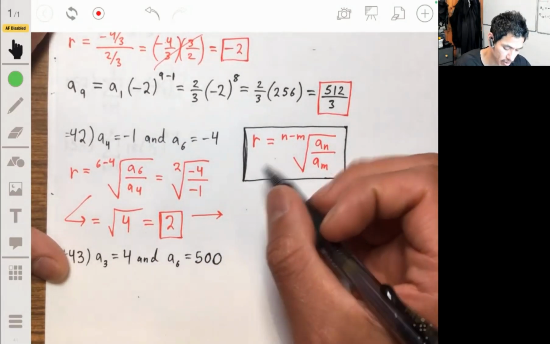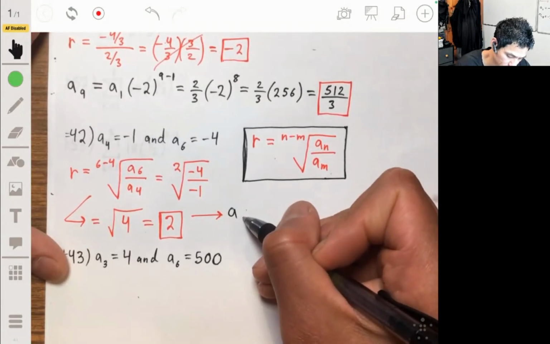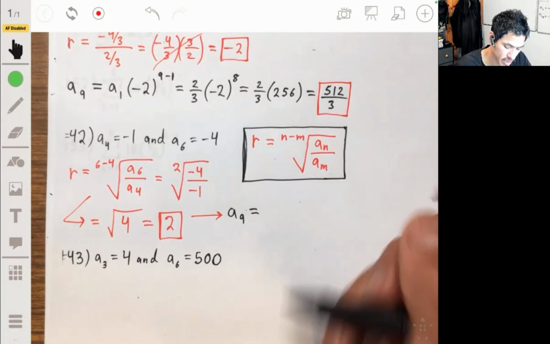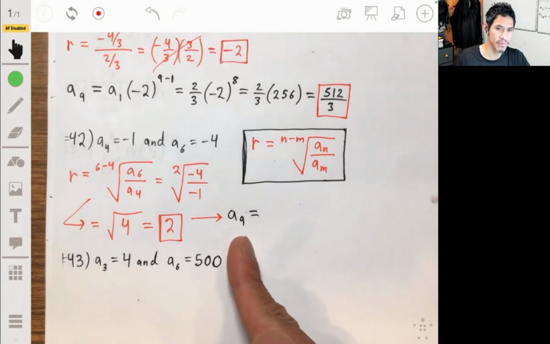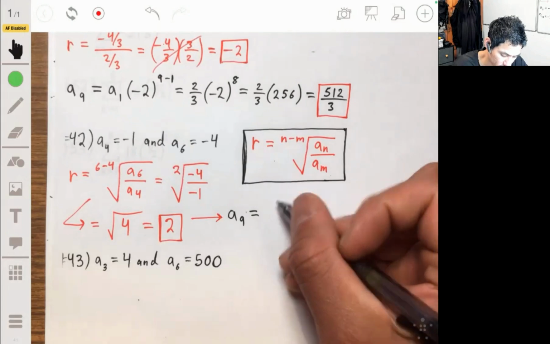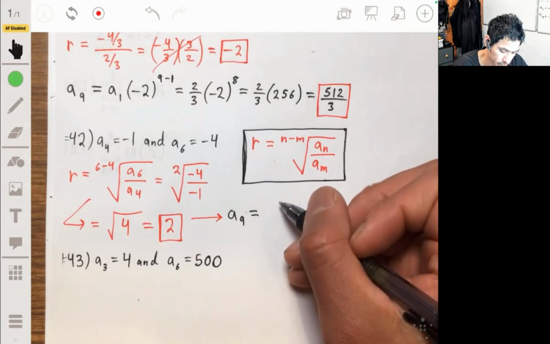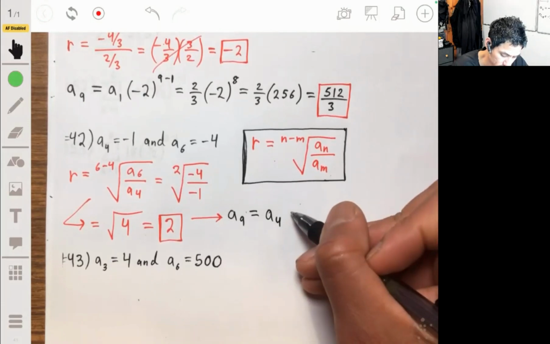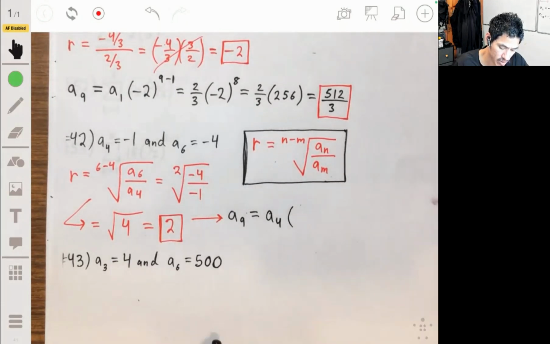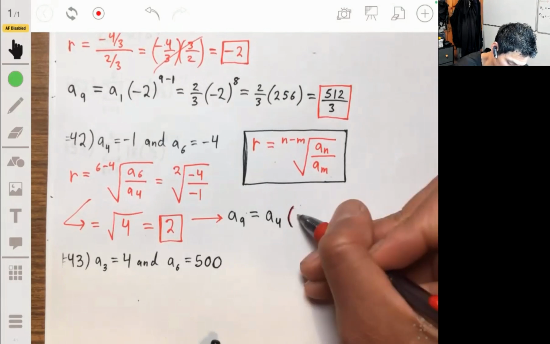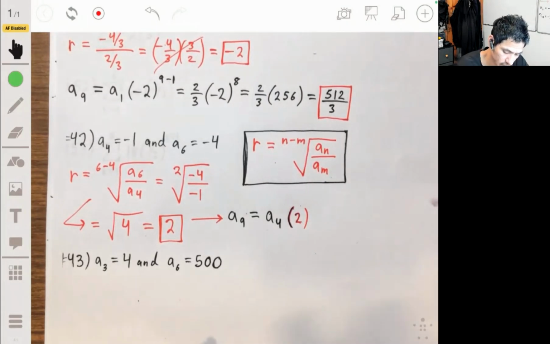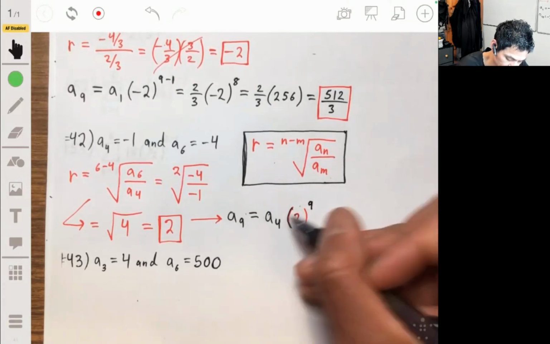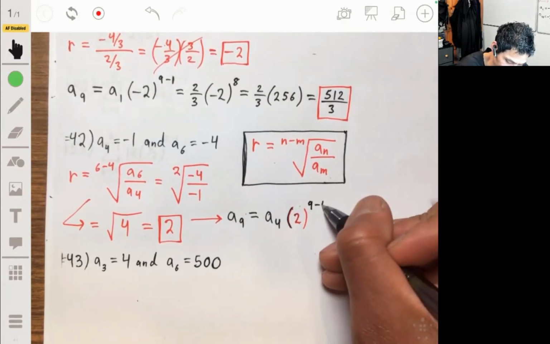Then from here, we can now go ahead and find a9 by making a9 equal to, and again, we don't need to have a1 because we can make this am. We'll just make it a4 times the common ratio r, which is 2, to the 9 minus 4 power.